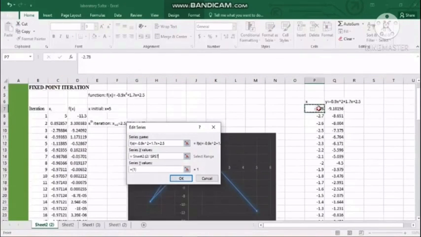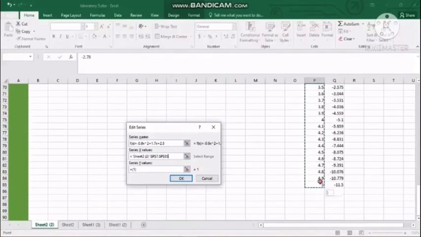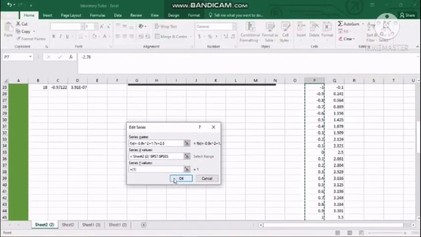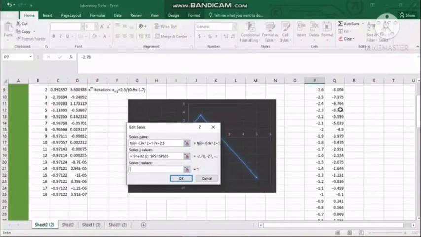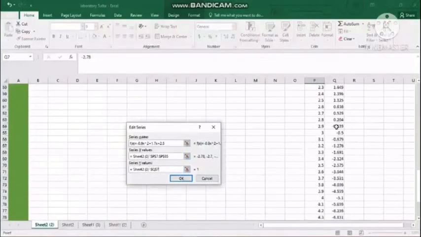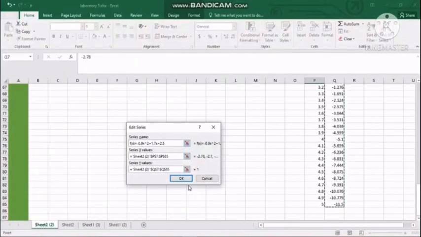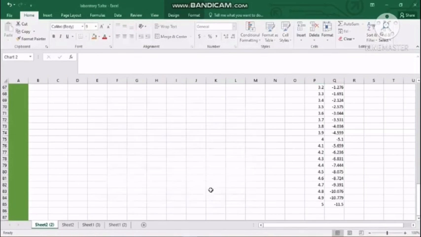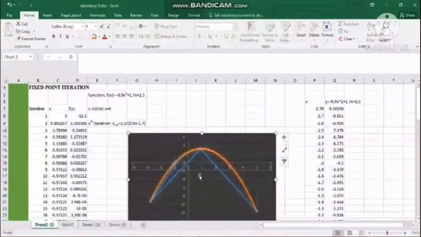The x values will be these, the y values will be these, and the series of y values is f(x), and this will be the trend.